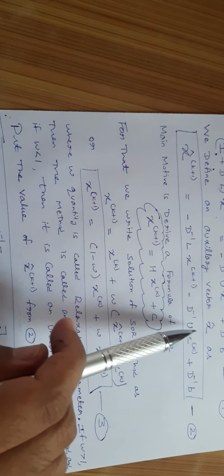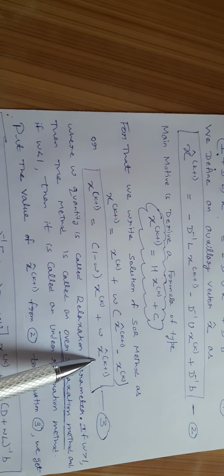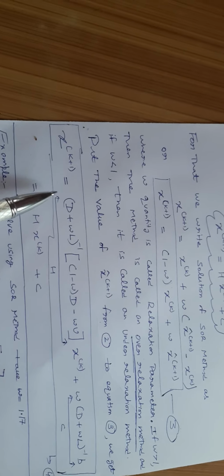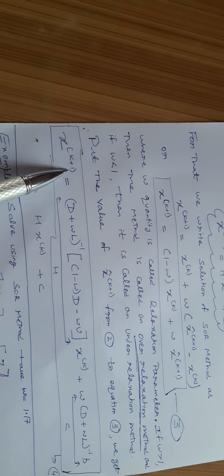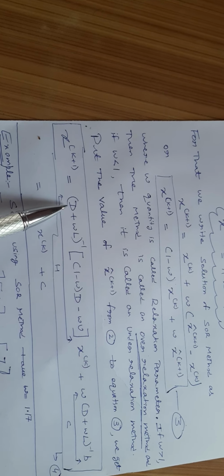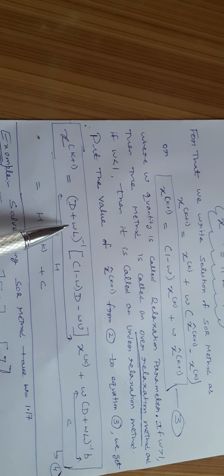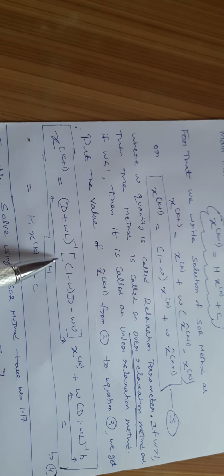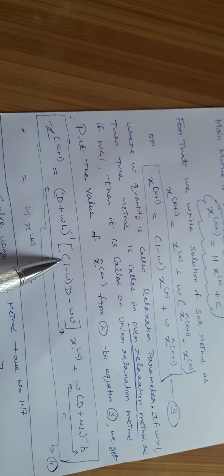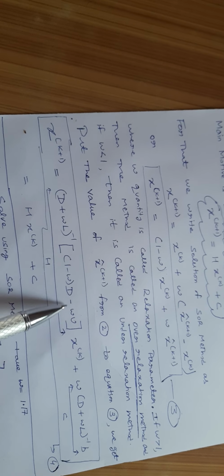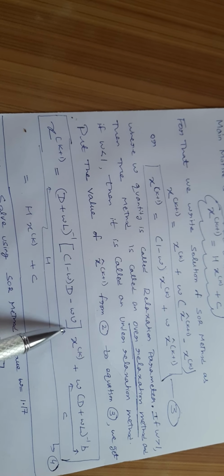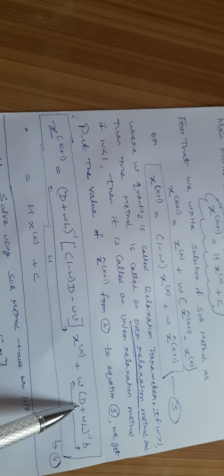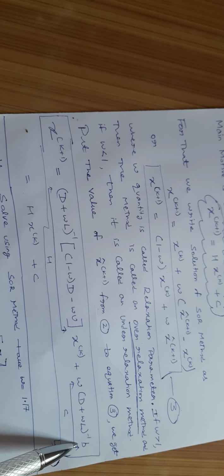After substituting the value in equation number 3 and solving, we get the formula like this: x raised to power k plus 1 is equal to bracket d plus wl bracket close raised to power minus 1, again square bracket 1 minus w in bracket d minus wu bracket close square x raised to power k plus w in brackets d plus wl raised to power minus 1 into b.